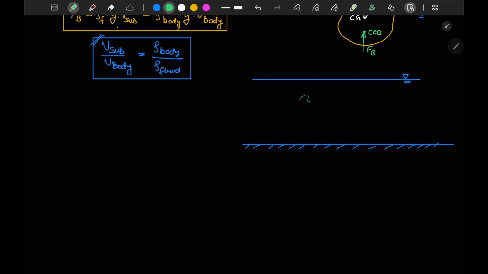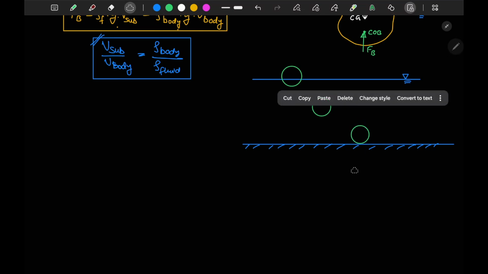Let's say one body is floating, one body is submerged, and one more body is sinked.